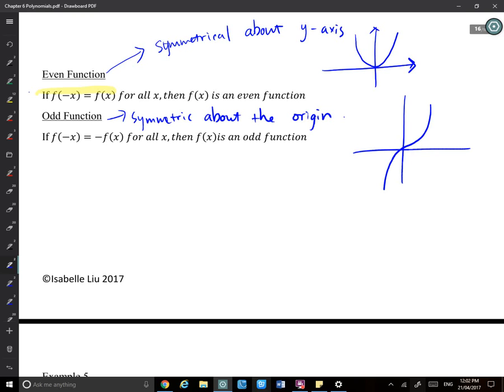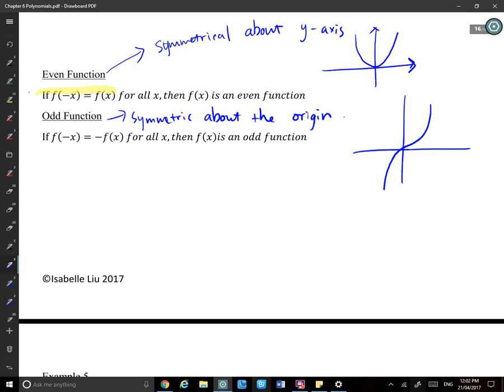Can you see that? Symmetric about the origin. So basically this part of the graph is reflected by x first and then reflected by the y-axis. Okay, so this part of the graph reflected by x and reflected by y will result in this graph, and that's symmetric about the origin.